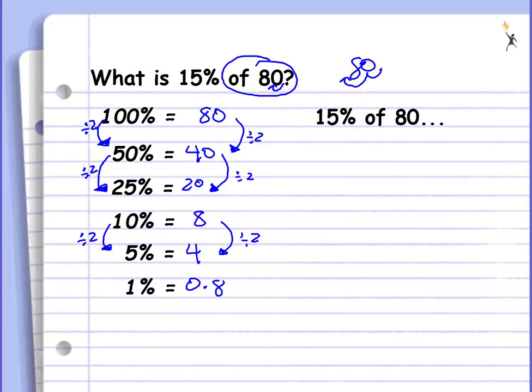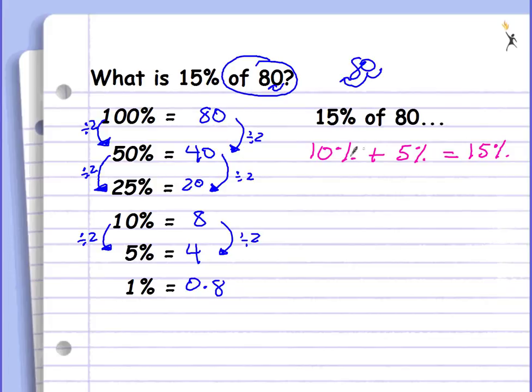So how can we find 15%? Take a combination of these, whichever combination you want, to make 15%. An easy way would be to take the 10% plus the 5%. So I could do 10% plus 5%, and that's going to give me 15%.